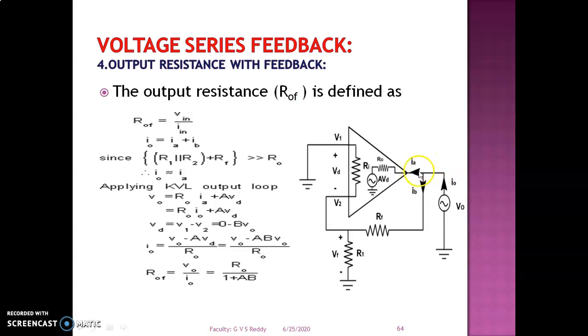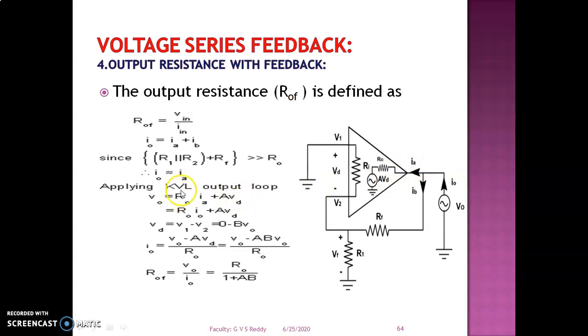Some of the current is IA and the remaining part is IB. So IA will enter into the operational amplifier and IB will enter into the feedback network. Here IA is very much greater than IB. Therefore, the IO is almost equal to IA. So a large amount of current will enter into the operational amplifier.